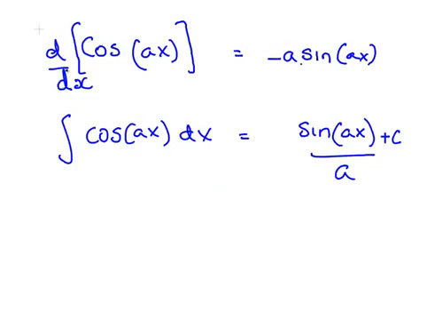So, the derivative of cos of ax. If you do this by the chain rule, you get the derivative of ax, which is a, and then the derivative of cos of ax with respect to ax, which is minus sine of ax. So we have an a in front of sine ax: minus a times sine of ax.